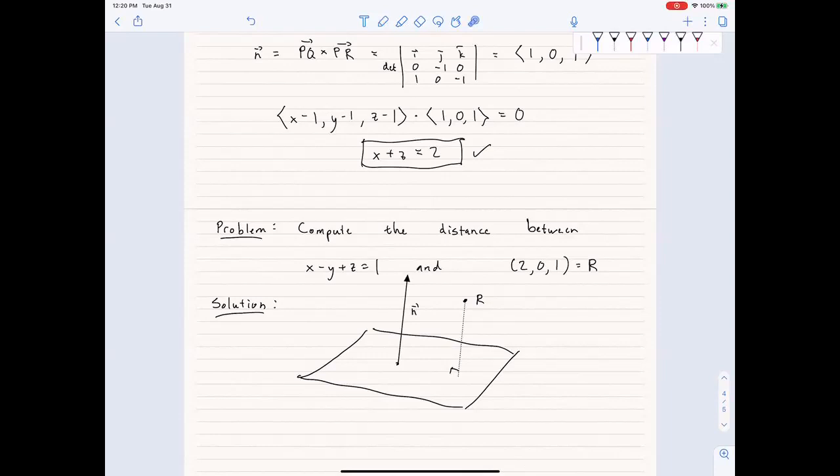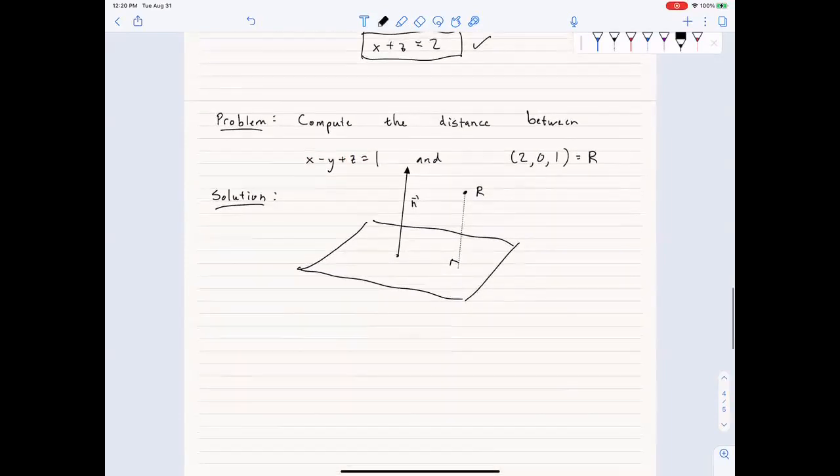And how do you do that? You again find a normal vector by looking at the coefficients of x, y, and z. So a normal vector for this plane, and again, they're only unique up to scale, is going to be, say, 1, minus 1, 1.